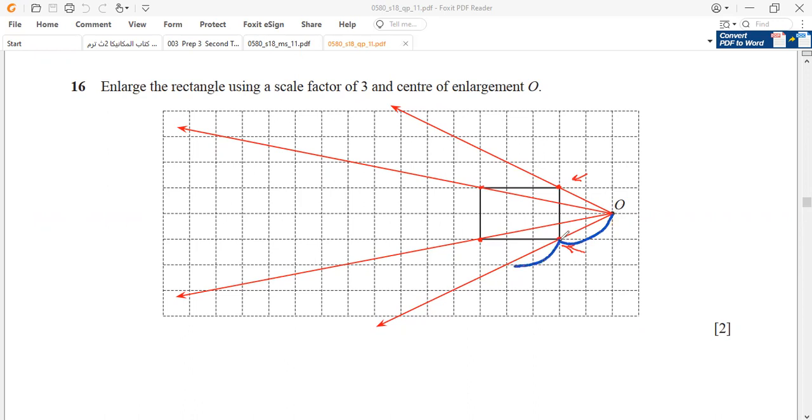So we will take another 2 squares and another 2 squares as a diagonal, like that, okay? So the point of the new vertex will be here. And also we can repeat this here, 1, 2, 3. So the point will be here, okay?